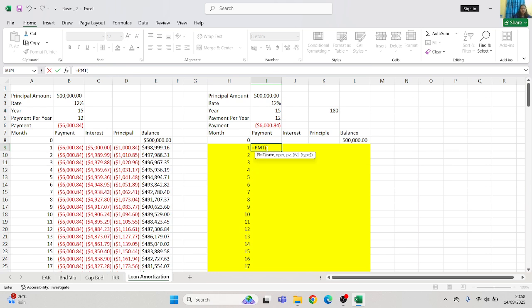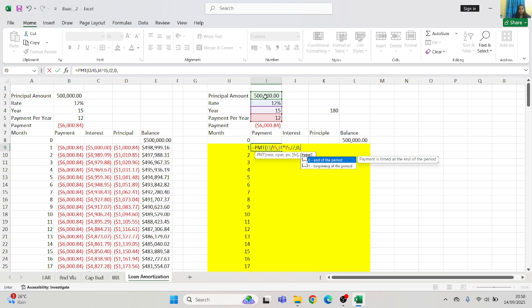type tab. Rate is 12% divided by payments per year. Then NPER means year multiplied by payments per year. PV is 5 lakh. FV means 0. Type means end of the period.